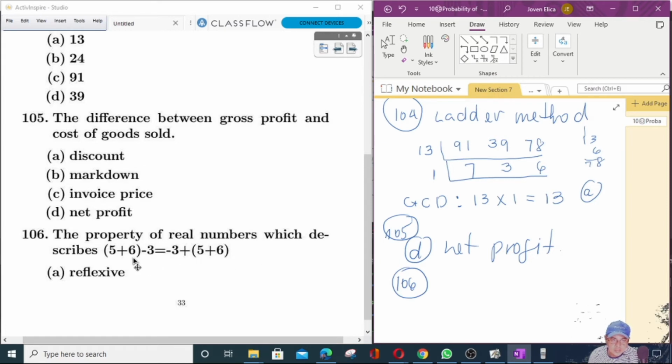Since this is an addition, it doesn't change. You can rearrange 5 plus 6 minus 3 as minus 3 plus 5 plus 6.